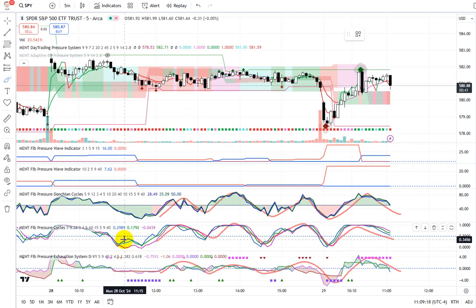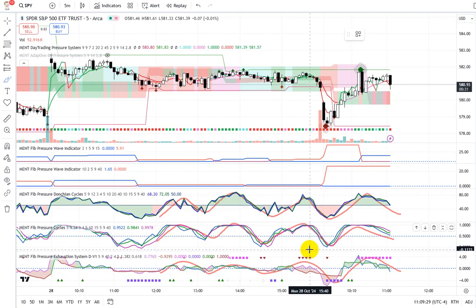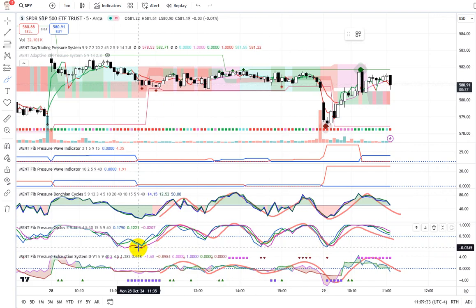When the blue line and the green line are above the purple line, then we're looking at a potentially upward shifting type of market trend. When the green line and the blue line are below the purple line, then we're looking at a downward trend, like we have right here.